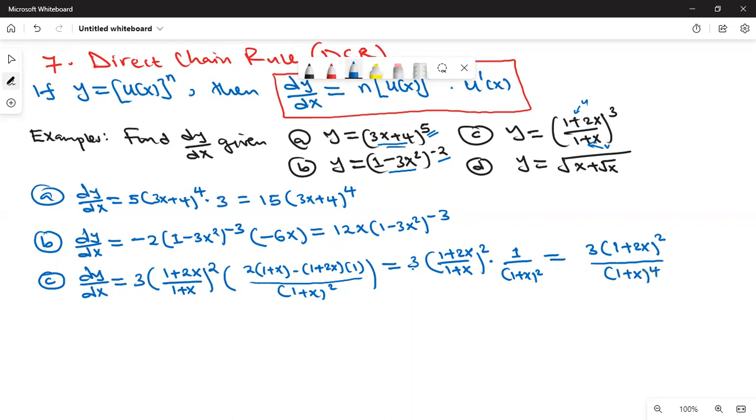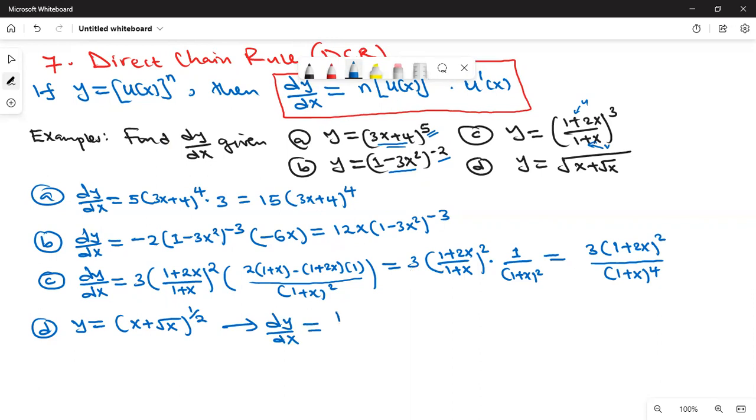And lastly, in part D, you see, this can be written as y is equal to x plus root x raised to 1 over 2. So again, we apply direct chain rule to get dy over dx is equal to, now start by applying power rule.